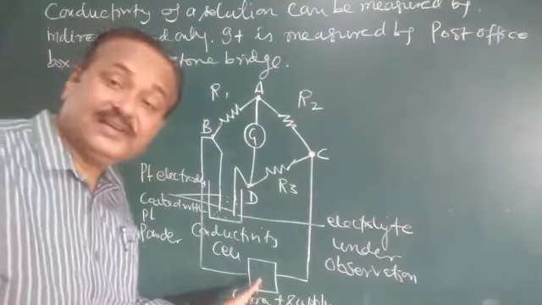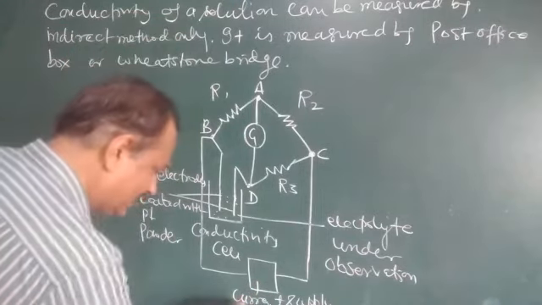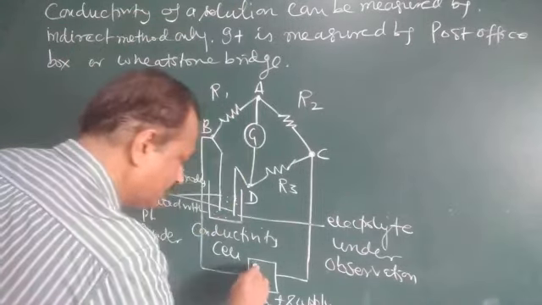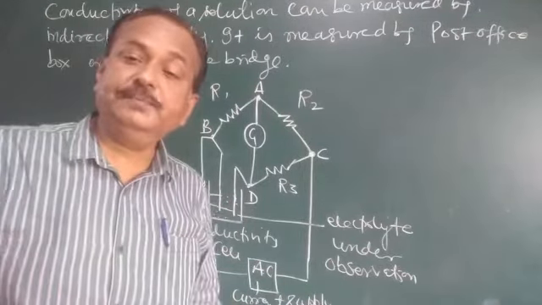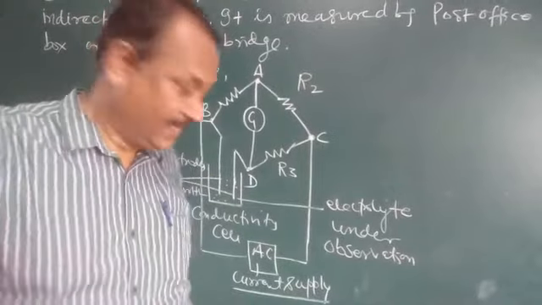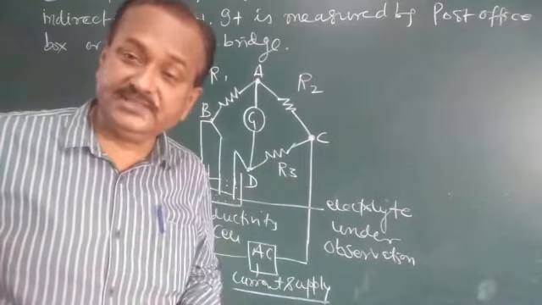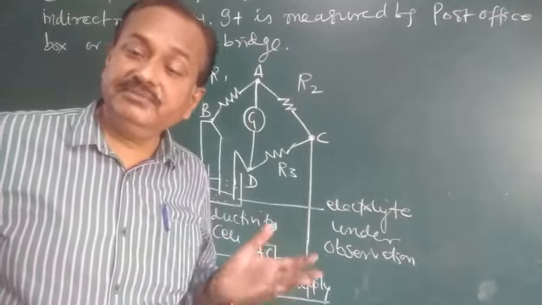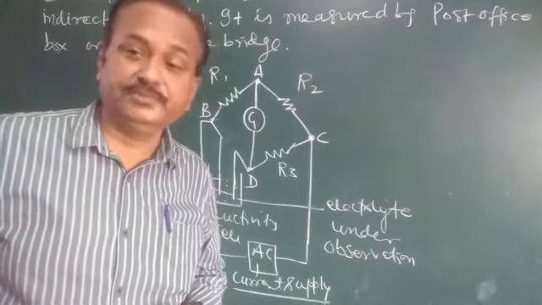Now here the current is always AC. Here the current supply is AC. Now the question is, why do we pass the AC current? Because children, when we pass DC current it causes electrolysis of the solution.